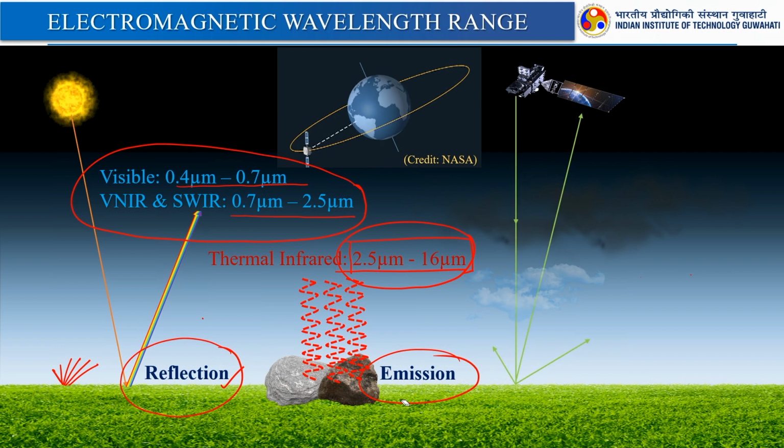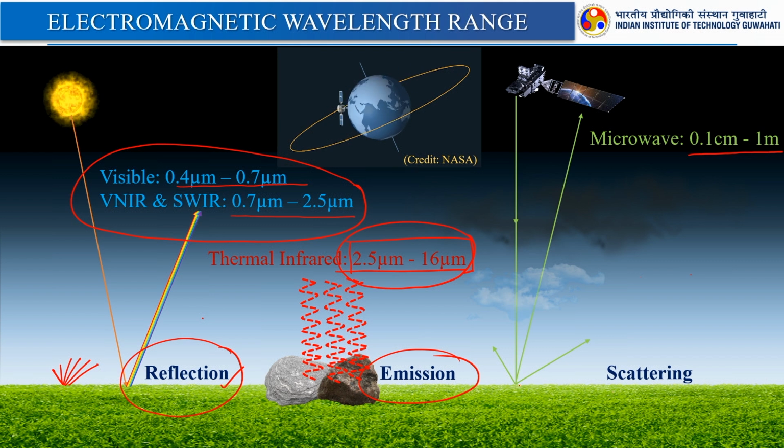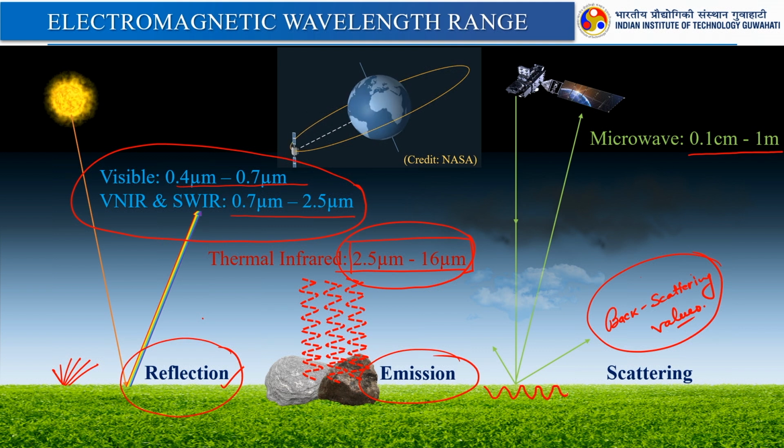Now, the next wavelength range, that is from 0.1 centimeter to 1 meter. Here we measure the back scattering value, right. So, this back scattering value will provide you the information about the surface and subsurface, right.